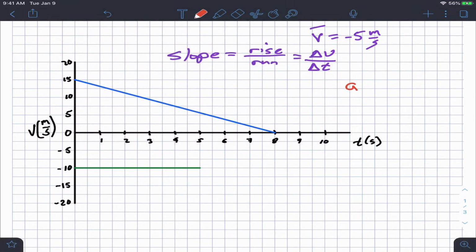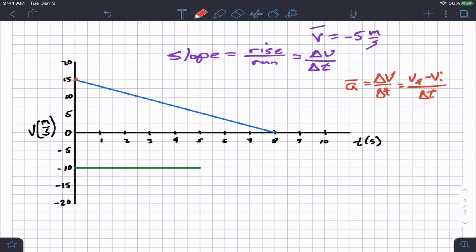So acceleration is delta V over delta T, or final velocity minus initial velocity over time. So we can find the acceleration for a given line. And this would work for any type of situation.